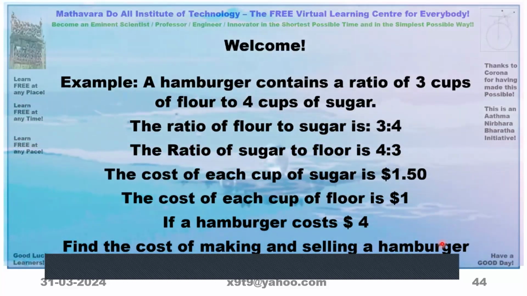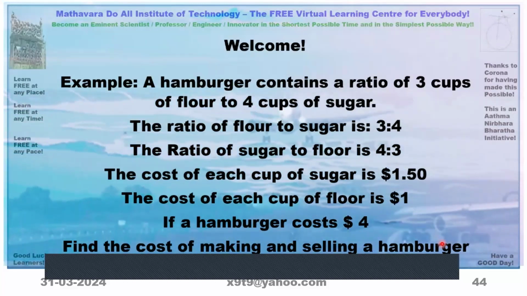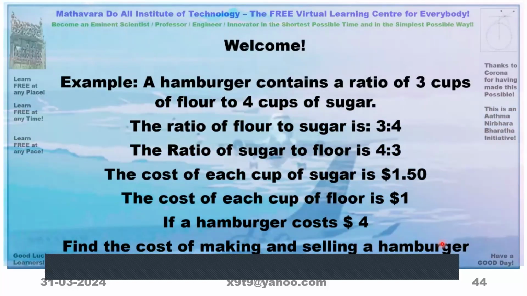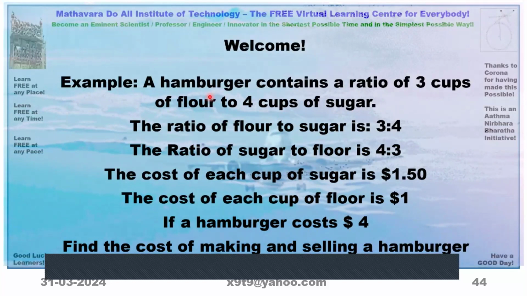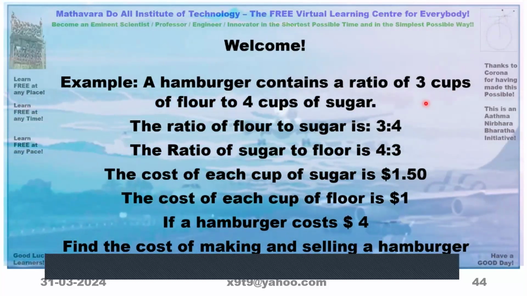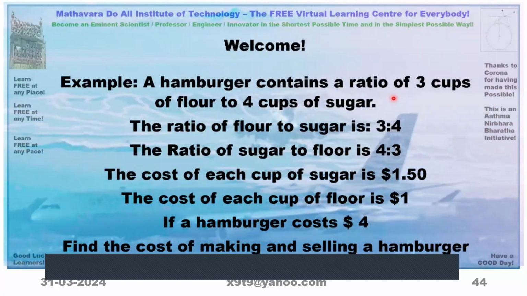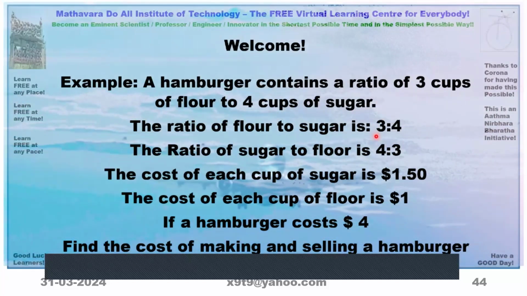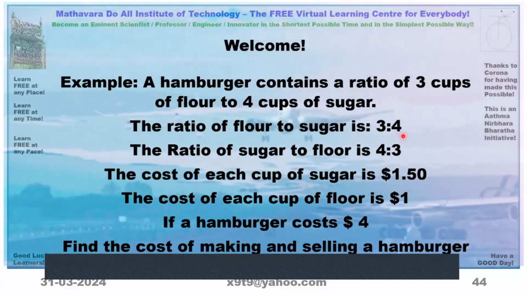This problem we should be able to do. For making one hamburger, we require 3 cups of flour and 4 cups of sugar, so we can write 3 to 4.